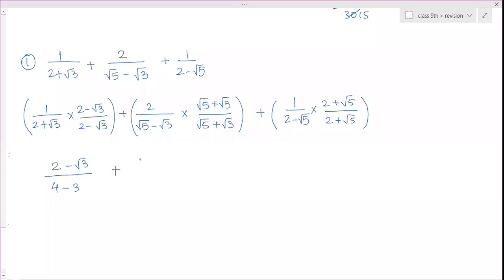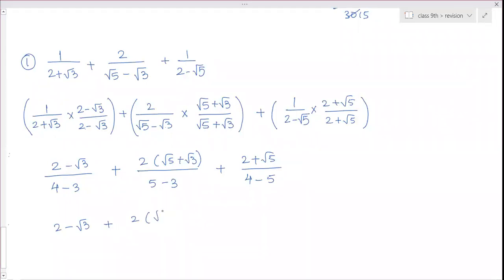Plus this is 2 into root 5 plus root 3 divided by root 5 minus root 3 into root 5 plus root 3, that is root 5 square minus root 3 square, that is 5 minus 3. Plus 1 into 2 plus root 5, 2 plus root 5 divided by 2 square 4 minus root 5 square 5. Here it is 4 minus 3 is 1, here it is 4 minus 5 is minus 1, and here it is 5 minus 3 is 2.